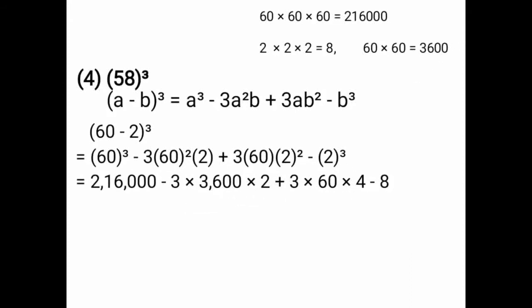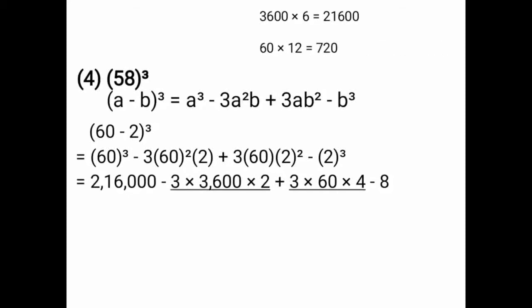That's why it is coming here 3 into 3600 into 2 plus 3 into 60 into 4. Now solve it. First multiply the smallest numbers. 3 2s are 6. 3600 into 6 is 21,600. There will come minus 21,600 in 3a square b.